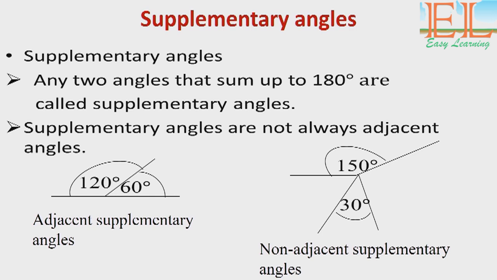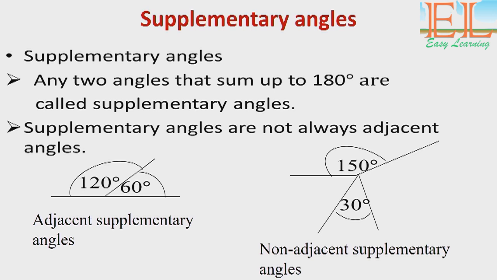We can see also here that supplementary angles may not always be adjacent angles. In our drawing on the board, 120 degrees and 60 degrees are adjacent. So we can say that they are adjacent supplementary angles. But on the other diagram, 30 degrees and 150 degrees are not near to each other, and therefore we can say that these are non-adjacent supplementary angles.